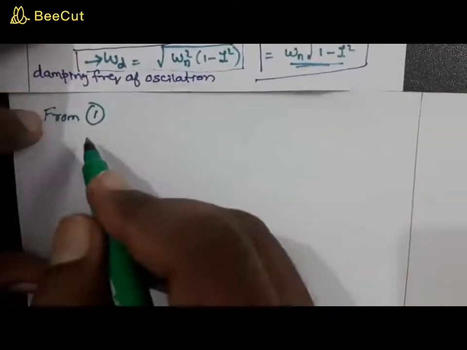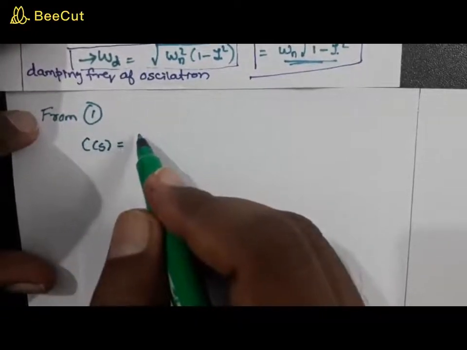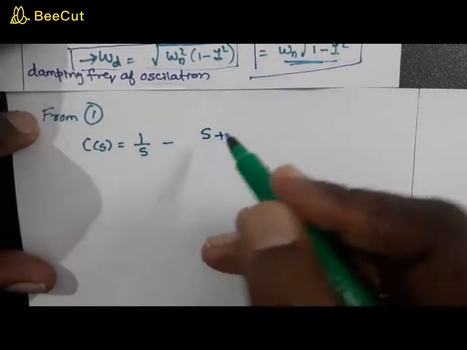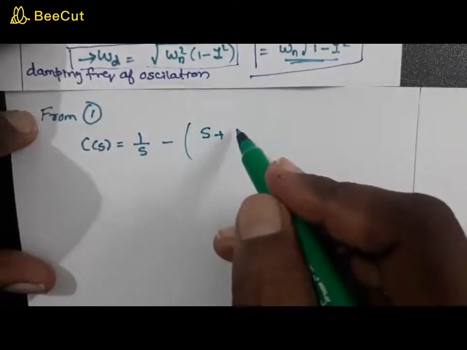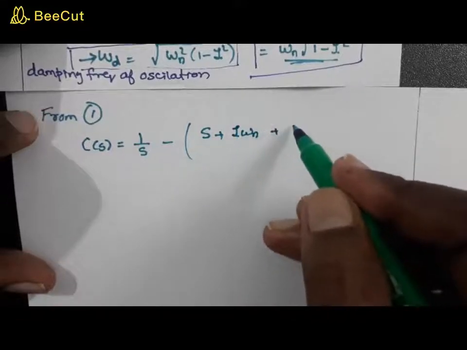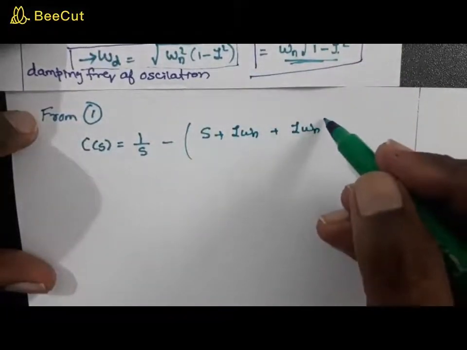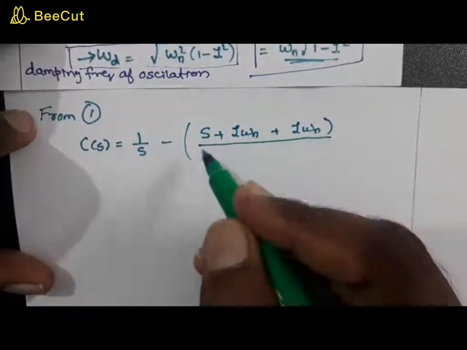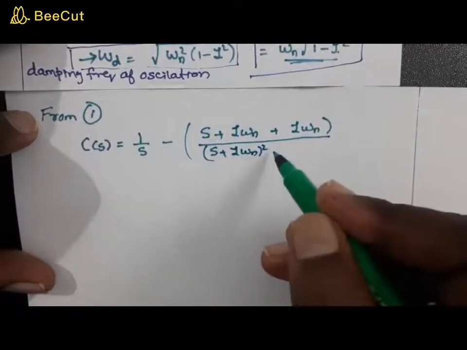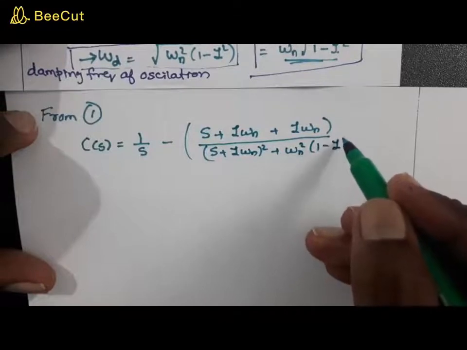So rewriting in that fashion, you will get your c of s as 1 by s minus 2 zeta omega n divided by the whole thing, s plus zeta omega n the whole square plus omega n square into 1 minus zeta square.